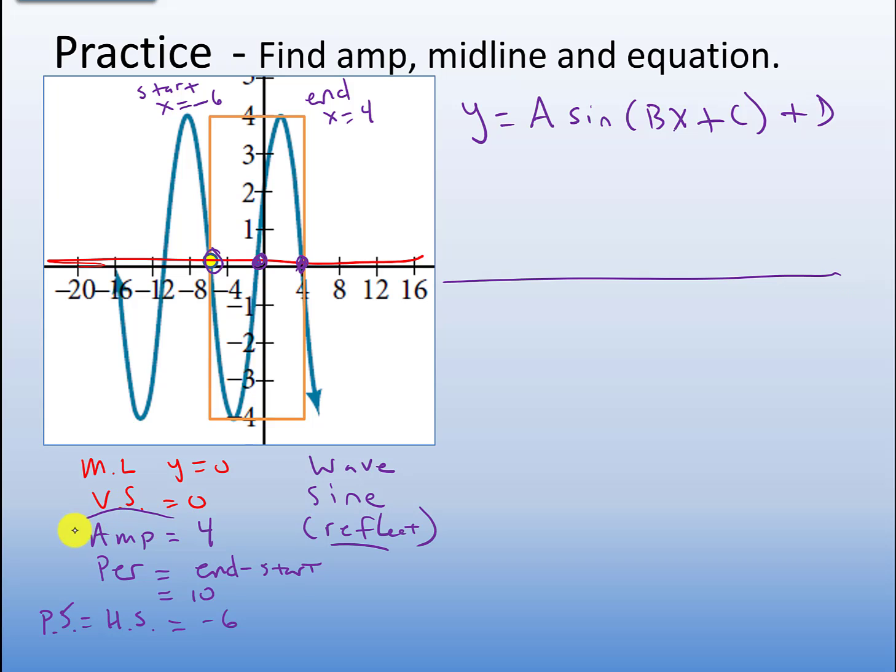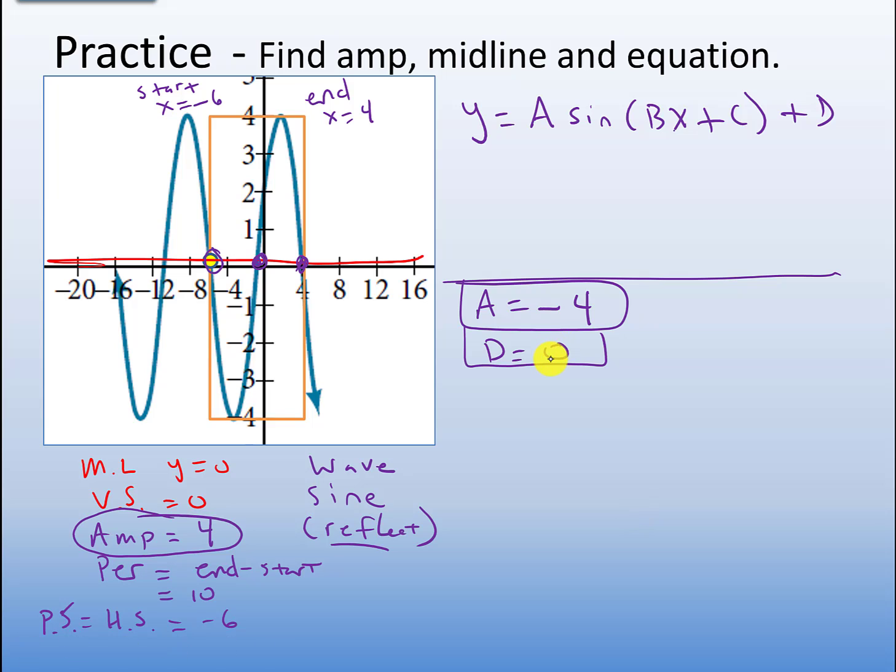Amplitude is 4. So A is not 4 because of the reflection. A is -4. But that was one and done, real easy. It's not one and done. We're not done. But we had one easy one there. The D number equals 0 because there's no vertical shift. So now we have 2 of them finished.